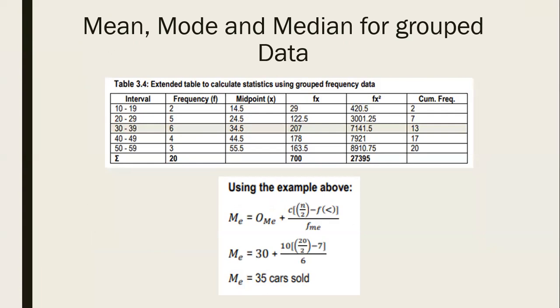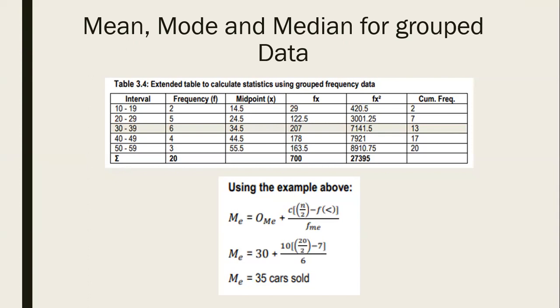Now, we want to find the class width. You remember, we said you can use upper boundaries or you can use lower boundaries. If we use the lower limit of this class and the lower limit of this class, we say 20 minus 10, we get 10. So that is the reason why there's 10 there.